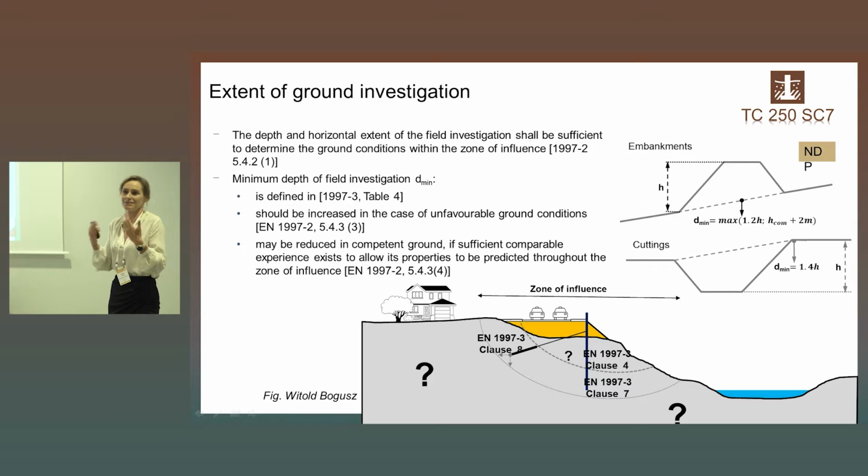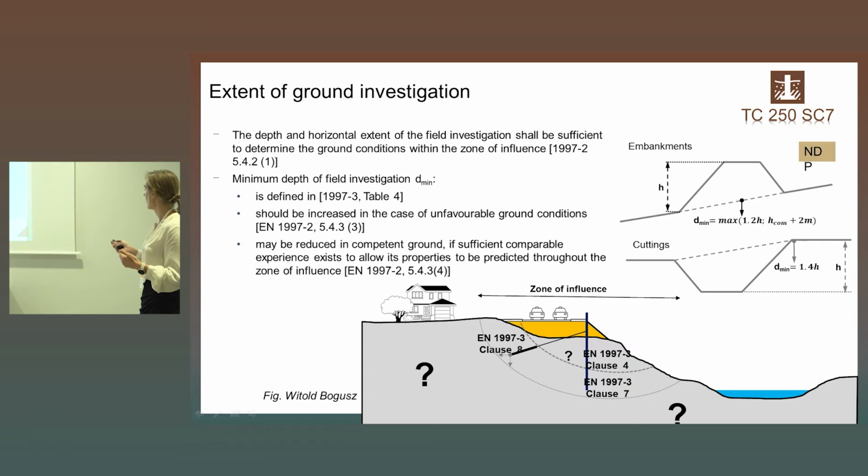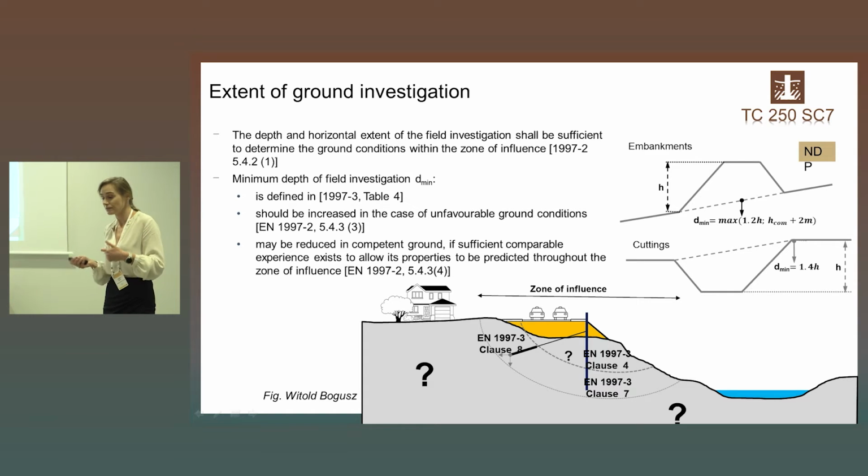When we begin the design process, we usually start from the ground investigation. Clause 4 gives some guidance regarding the extent of the field investigation, with values of depth of the field investigation.